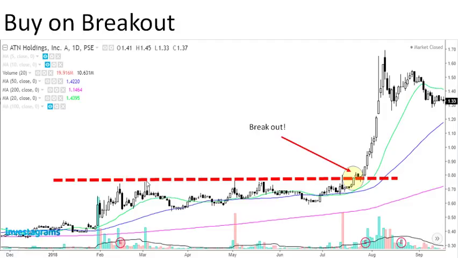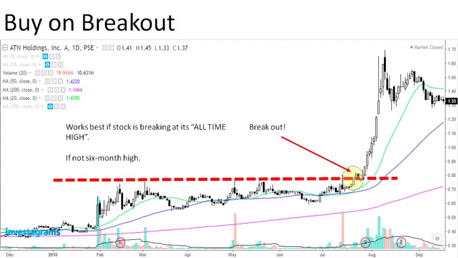So this is a swing high, swing high, swing high, swing high. You connect them. Once this is broken, and then there's a little bit of testing here. Yung parang broken resistance becomes support. So normally, kung breakout trader ka, dito ka bibili.